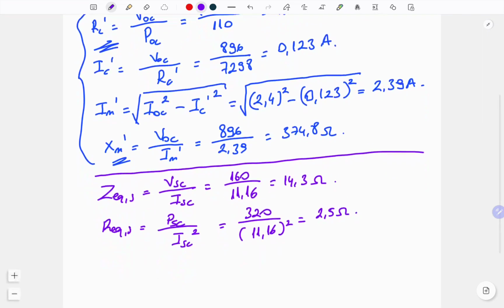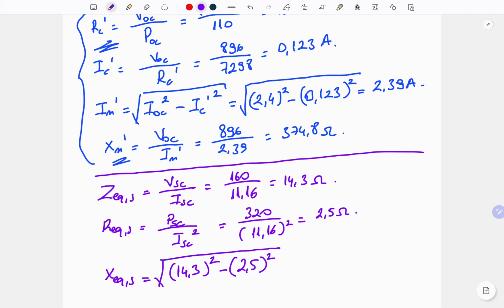And from the short circuit test results, finally, similar to the XM calculation, we can calculate the equivalent reactance as the square root of 14.3, which is the total impedance, squared minus 2.5, our equivalent secondary side resistance, squared, which will give us 14 ohms for the secondary side equivalent leakage reactance.